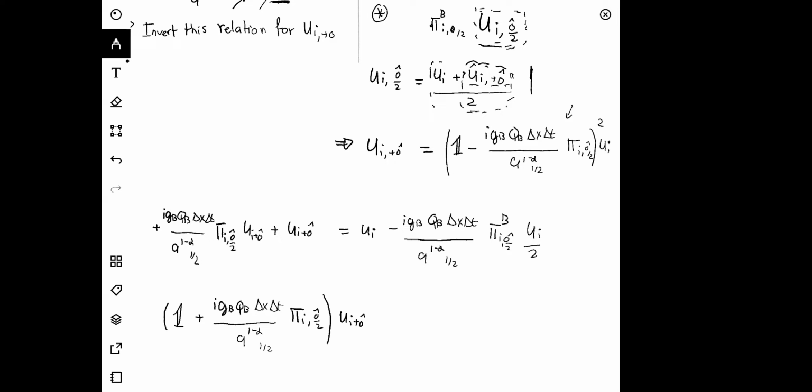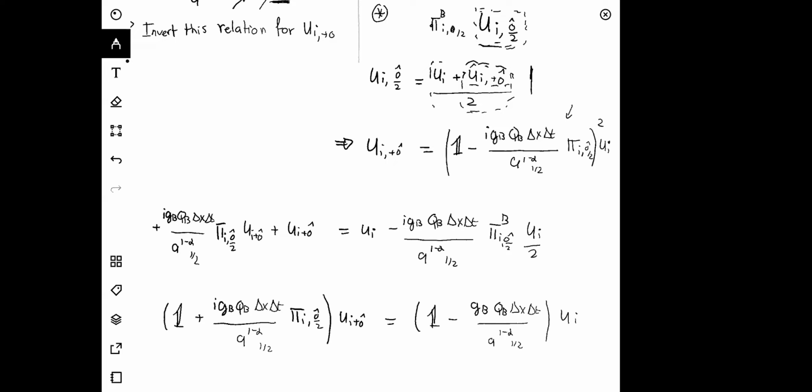And this is equal to 1 minus GB QB delta X delta T A1 minus alpha 1/2 times ui.